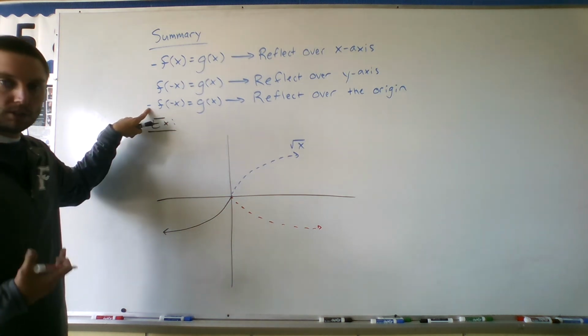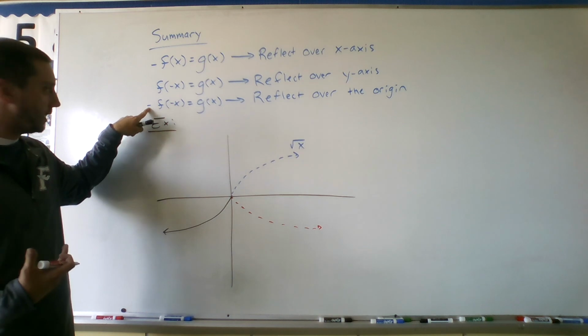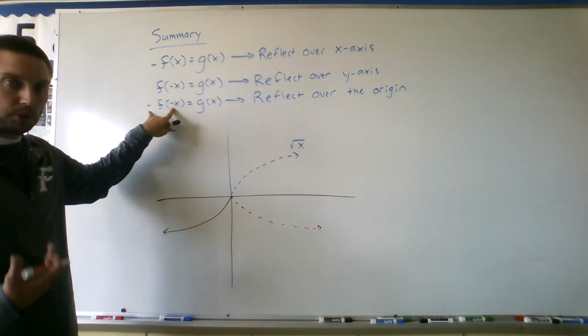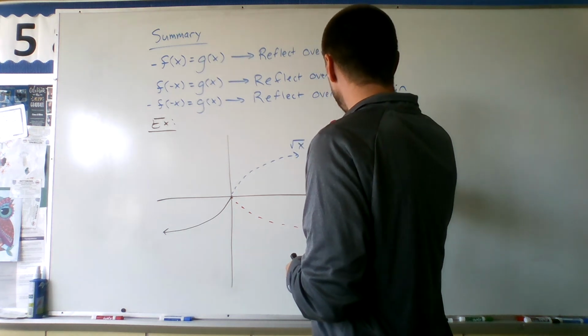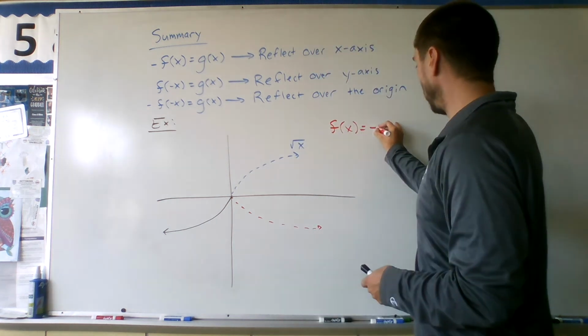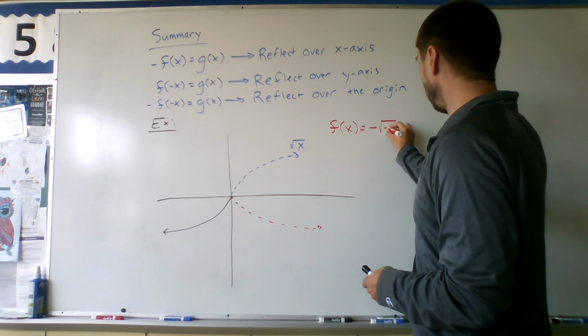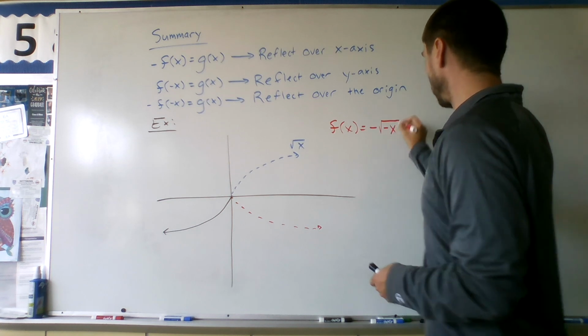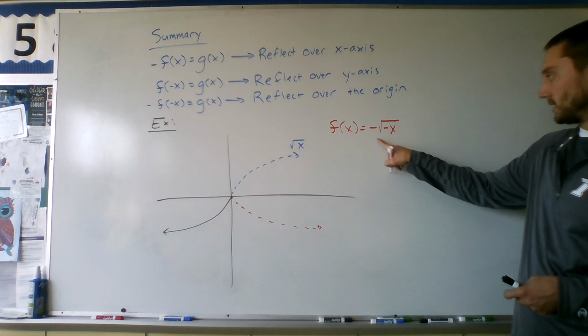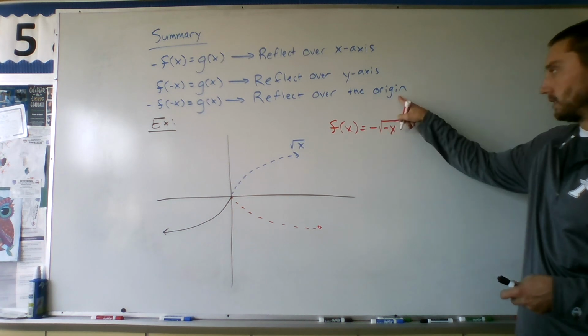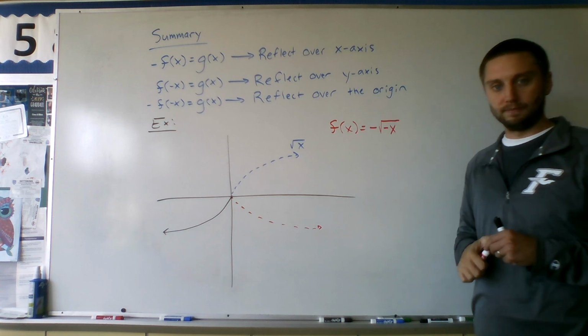My notes tell me I need to change the inputs and I need to change the outputs. I need to change both. So my final equation would be f of x equals negative square root of negative x. So I change the outputs and I change the inputs. Reflection over the x-axis and reflection over the y-axis gives me a reflection over the origin.